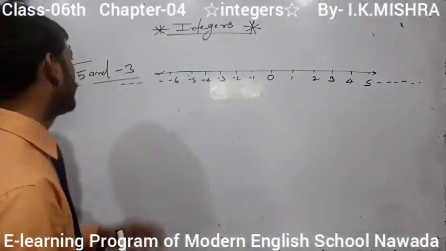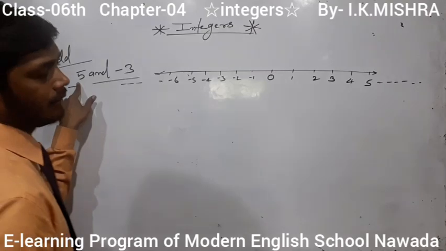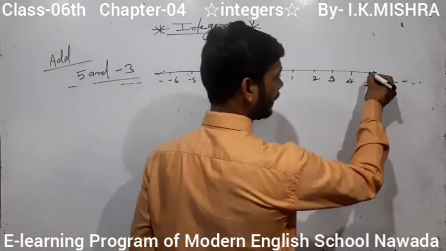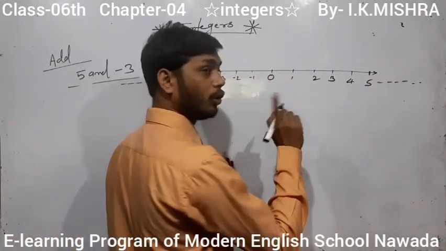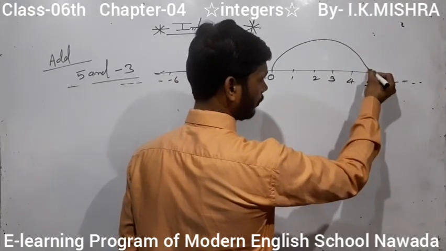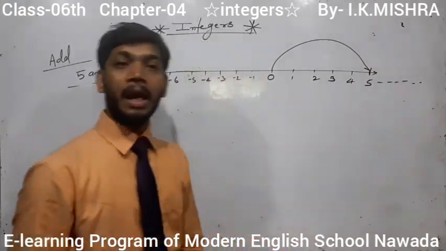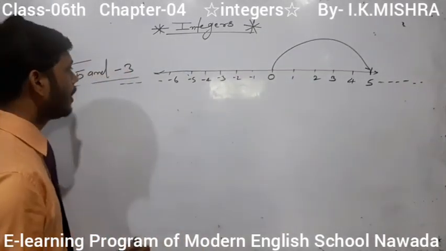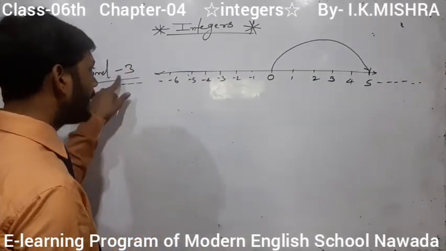First of all, integer 5 is here, so you have to go first to this point. After that, you have to add -3.